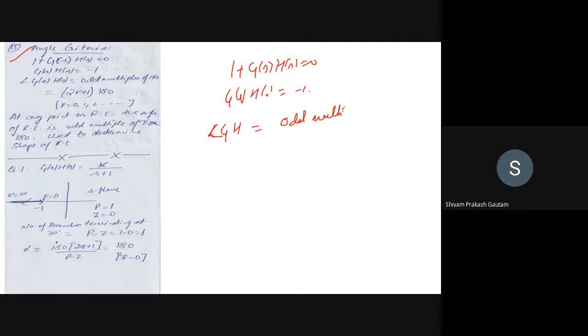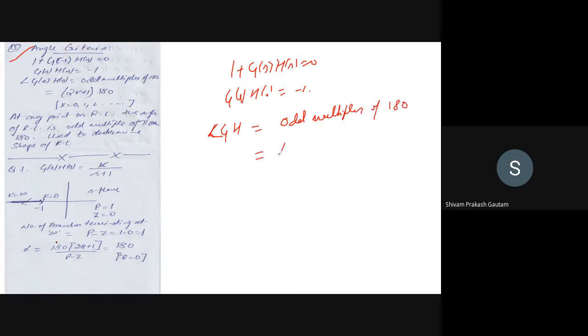Similarly to the magnitude criteria, we are having the angle criteria as well. This is given by again 1 plus gs hs is equal to 0. So gs hs will be equal to -1. That means the angle of gh will be equal to odd multiples of 180 degree.